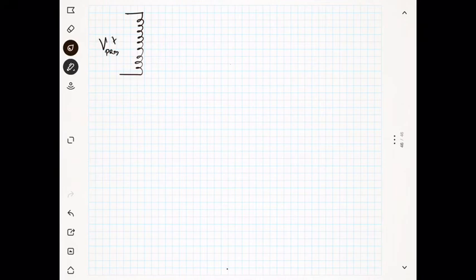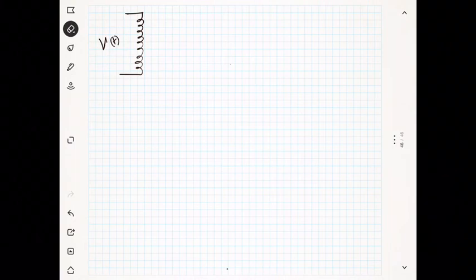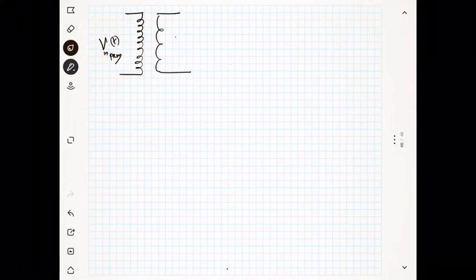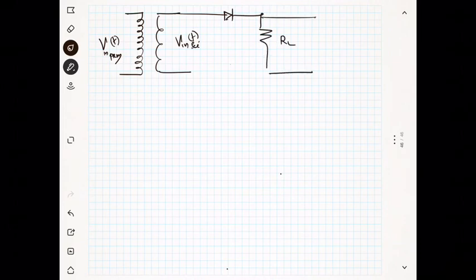This is your V in primary of t, and you have the transformer, and V in secondary of t, and now you have a diode and you have RL, and you are taking the output across the RL. This is V out of t.